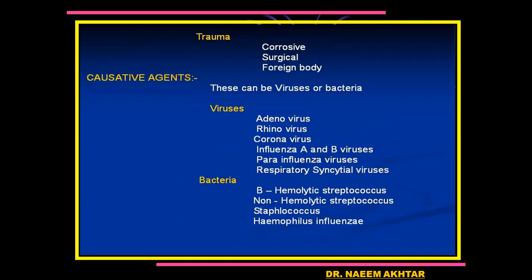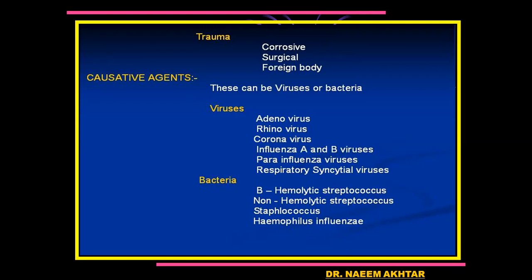Causative agents: usually the pharyngitis starts first as a viral disease. Later on, the bacteria may jump in and perpetuate the condition. The viruses responsible for causing viral pharyngitis are adenovirus, rhinovirus, coronavirus, influenza type A and type B viruses, parainfluenza viruses, and respiratory syncytial viruses.